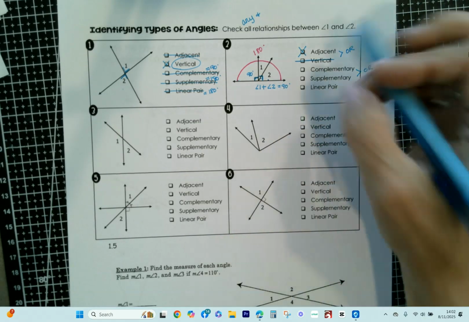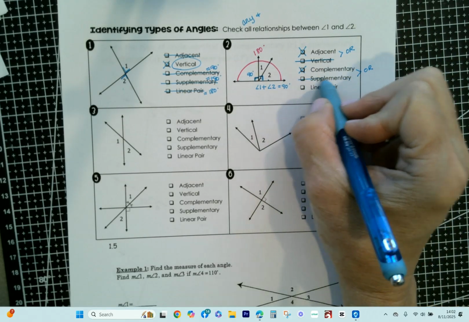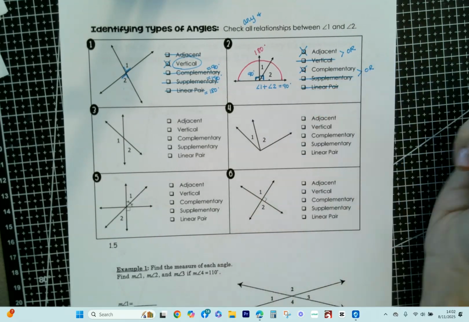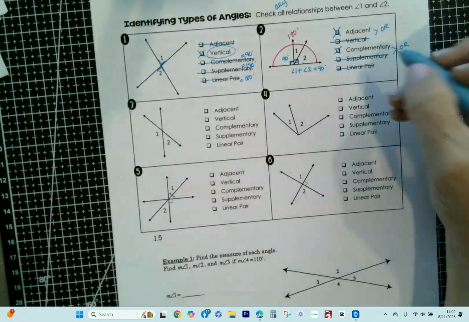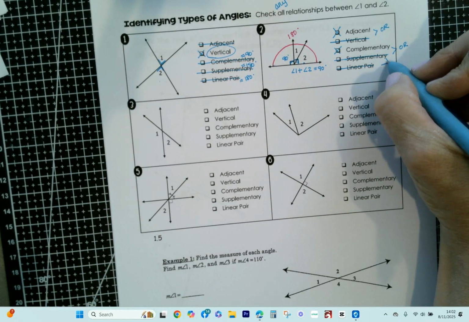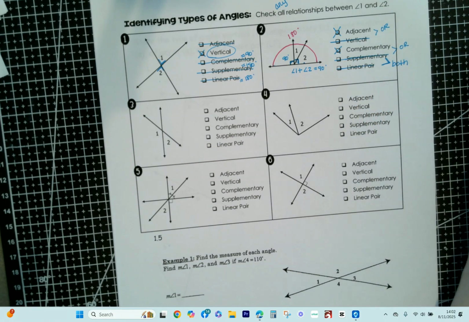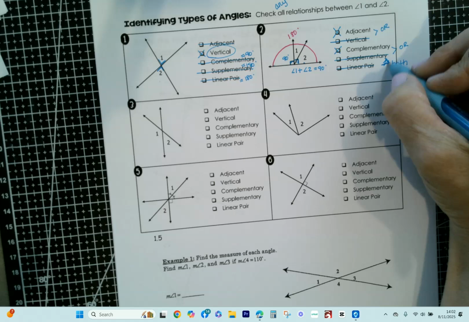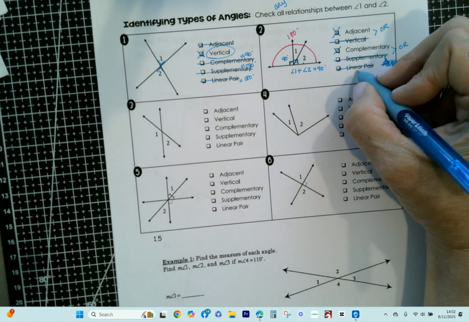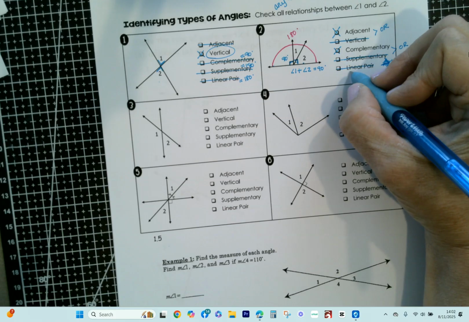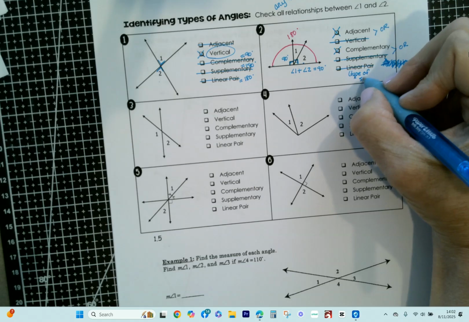Complementary means 90 degrees, and I can see that's going to happen. So they're not going to be supplementary and they're not going to be a linear pair. If they're supplementary, they might be a linear pair. A linear pair is a type of supplementary.